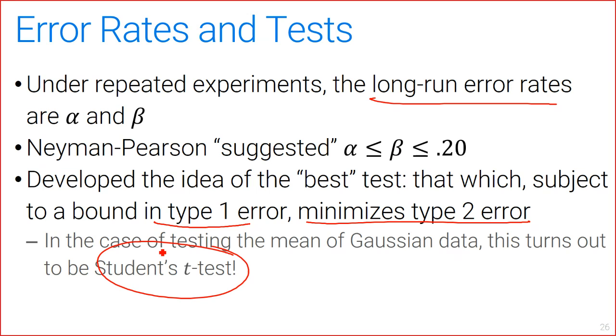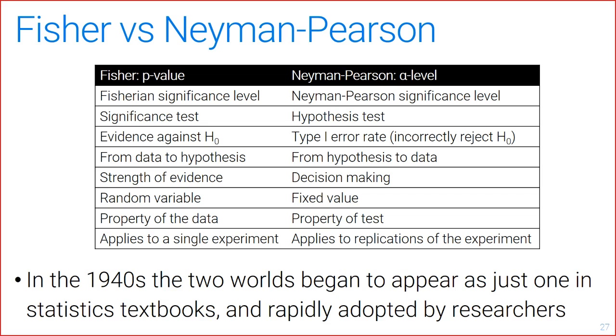And so if we put side to side the Fisher philosophy and the Neyman-Pearson philosophy, we see clear differences. We see that Fisher revolves around the p-value and Neyman-Pearson revolve around the idea of the alpha level, the probability of making a type 1 error. So significance level in both cases. So Fisher is actually testing the significance of data.